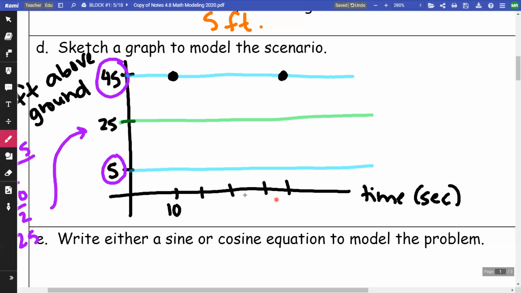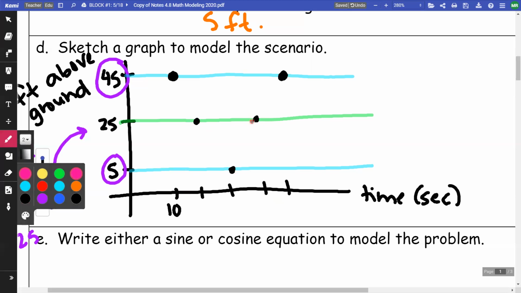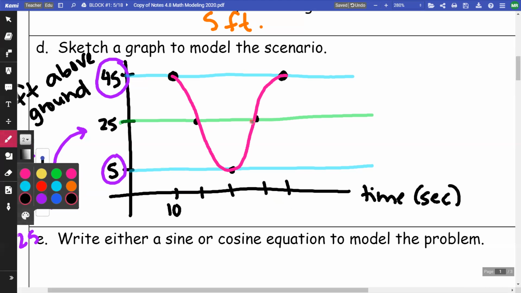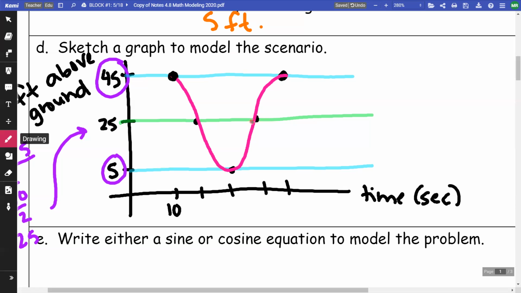Halfway in between, we're going to be at a low. And halfway in between, we're going to be at our 0, which in this case is our 25. Okay. And there is my cosine graph. And again, I'm going to do this as a cosine. And let me just darken in.